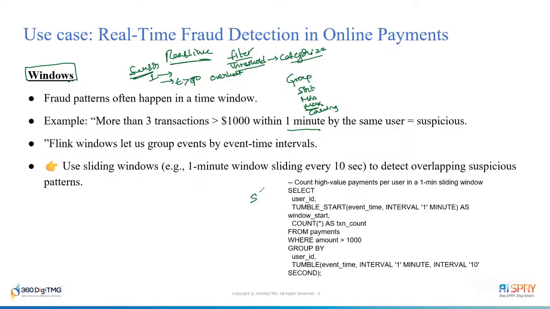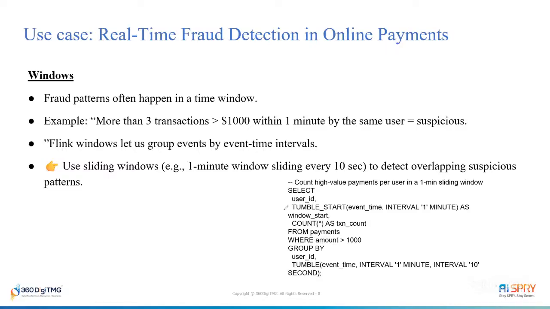Here, using SQL on Flink, this is the code where we are using a sliding window. In a 1 minute window, we are observing, for every 10 seconds, the count of payments that are greater than 1000, and we are grouping by user ID. This seems like regular SQL, but there are a few terminologies like tumble start.